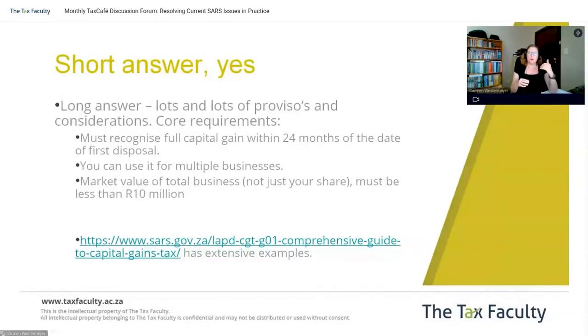So if you are involved in multiple businesses, that 10 million is then measured across all your businesses, not per business. Realistically, we therefore need to look at your stake, how long you've held it, how many businesses you own, and the 10 million criteria.